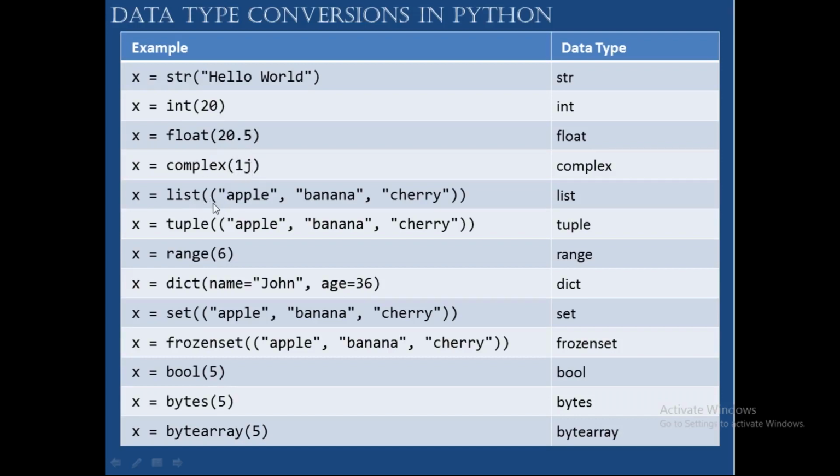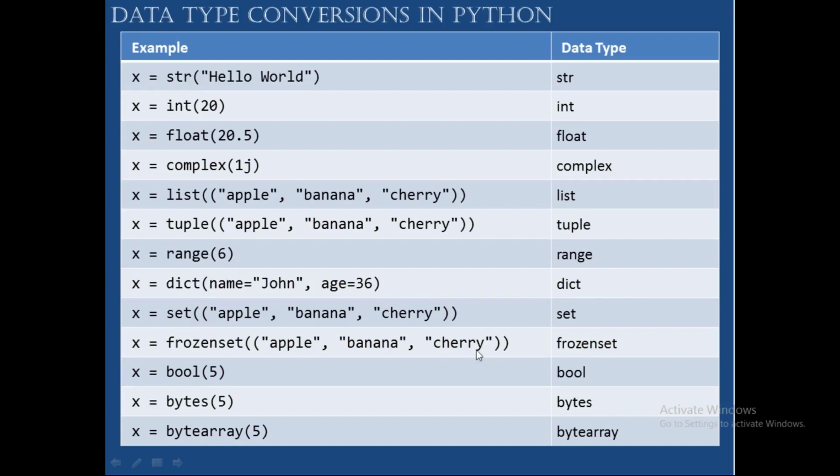Complex. You want to convert this tuple into list. This is basically parenthesis means tuple, right? Tuple into list you can convert. In the same way here you can have a list or tuple, whatever you have, that you can convert into tuple. Range of 6 means, again it will generate the 5 values. It's basically a range data. So dictionary, you have some key value pairs, those things if you want to convert into dictionary, you are able to create.